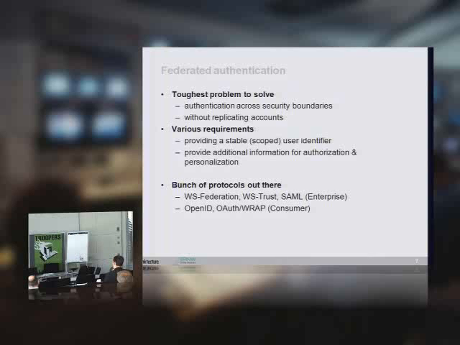In the enterprise space, we typically go one step further and say, okay, we don't only want an ID, we want to know who the guy is, in what department he's working, what's his telephone number, what's his email address, the cost center, these things.